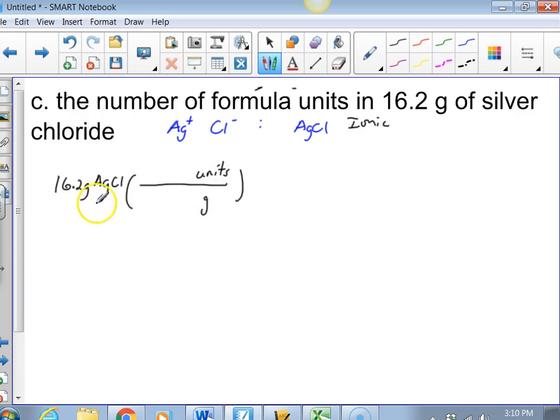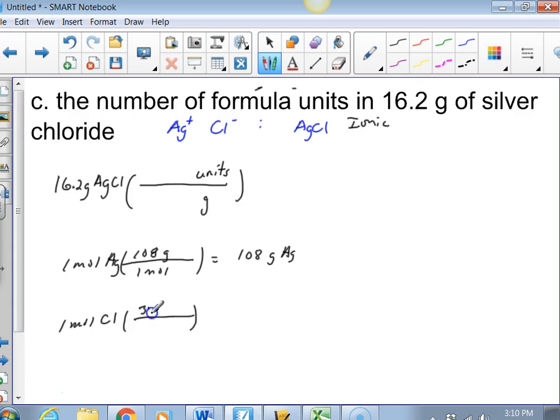Mass is always going to come from the molar mass. So that's going to be in a mole of silver chloride, we have 1 mole Ag. It's 108 grams for every 1 mole. It's 108 grams from silver. And then from chloride, we have 1 mole Cl.